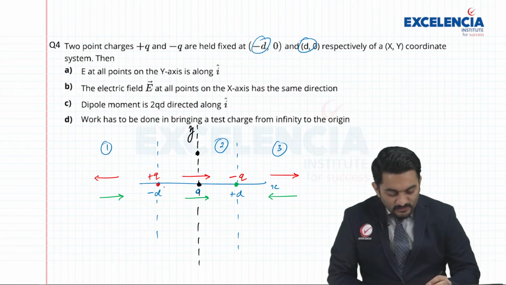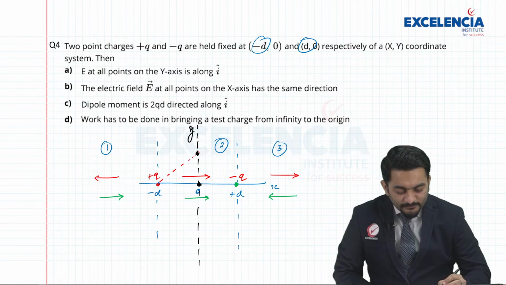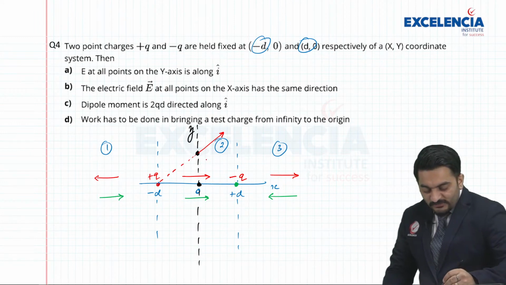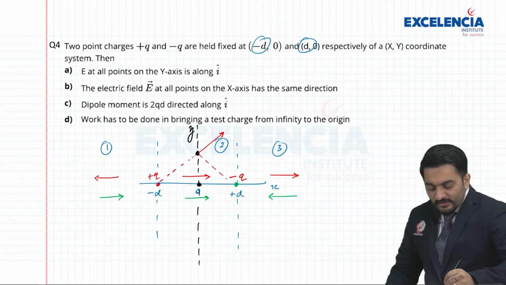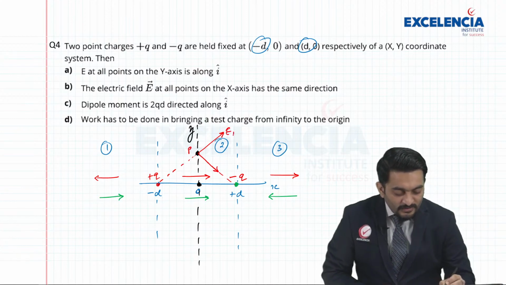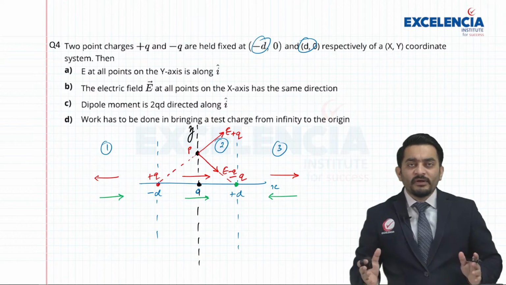But in case someone is wondering what will happen if I take some point on the equatorial line, you need to understand that the electric field at this point will look like this: positive, radially outward. For the negative charge, it will look radially inward. So at this point P, I have drawn the electric field due to the positive charge and the electric field due to the negative charge. I don't have to calculate it completely.